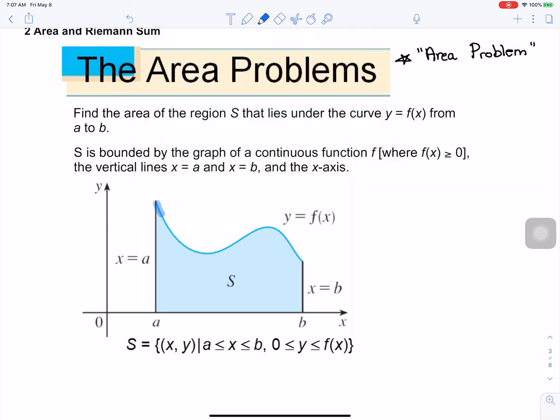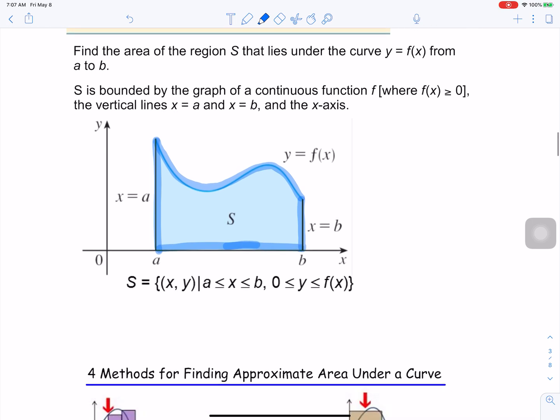So I give you this function, f of x, which has a lot of curves to it, and I'm interested in finding the area from x equals a to x equals b, and we're interested in the area that lies above the x-axis. So this region S, described by inequalities here, is just an inequality to describe this region S, which I'm interested in finding the area of.